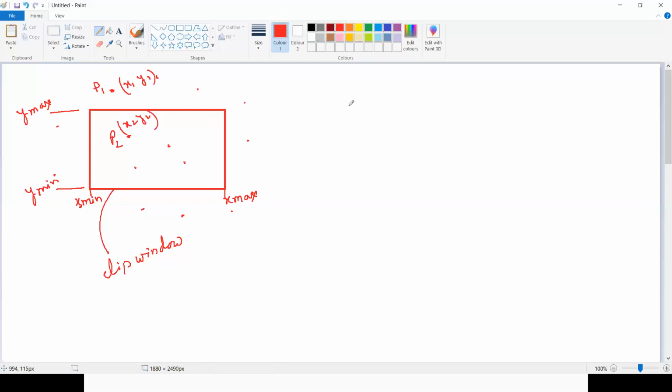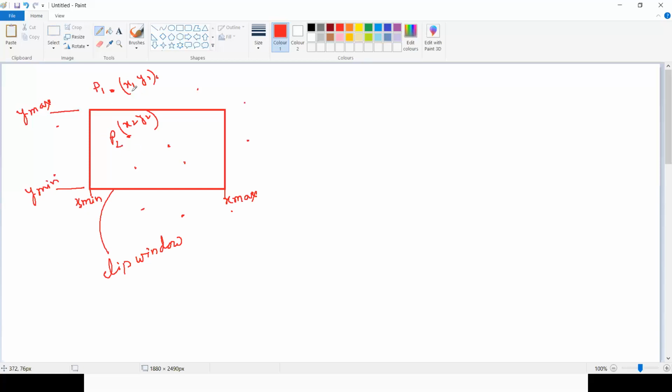We will check whether x1 lies between x min and x max, and y1 lies between y min and y max. If both conditions are true, then P1 is inside, otherwise P1 is outside.